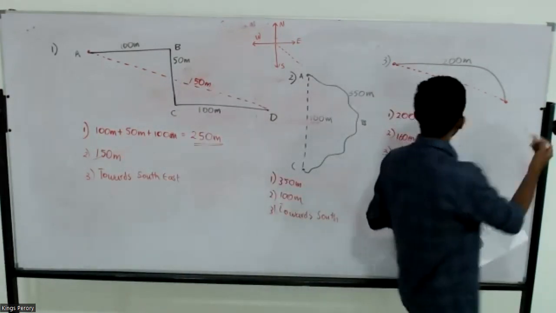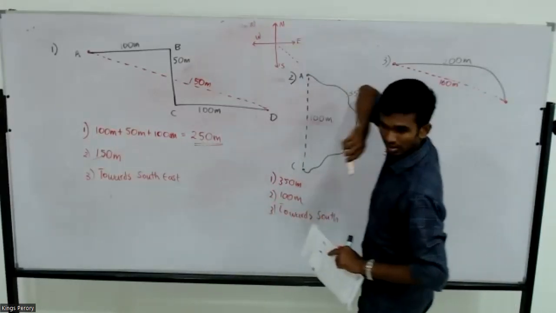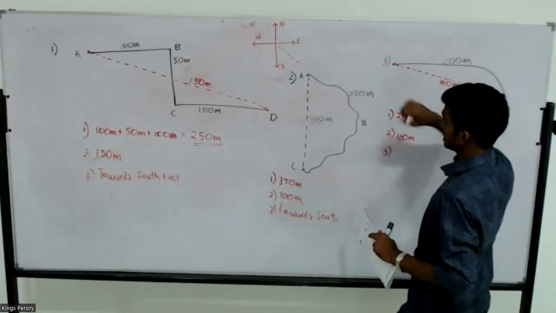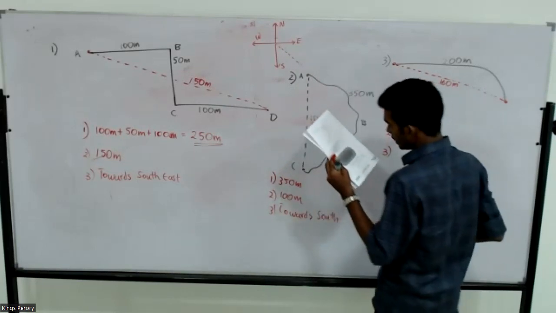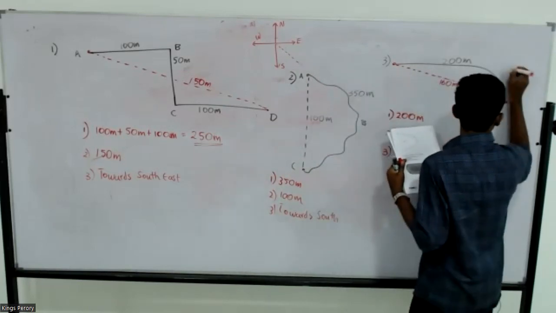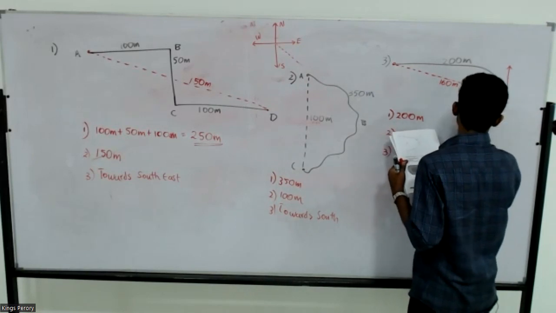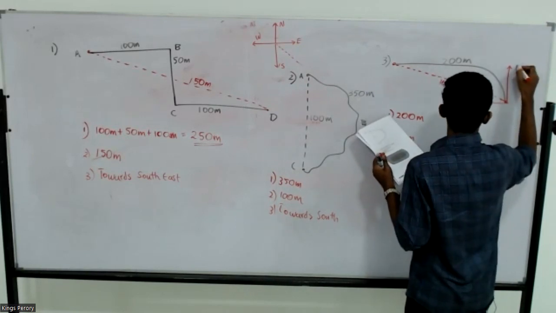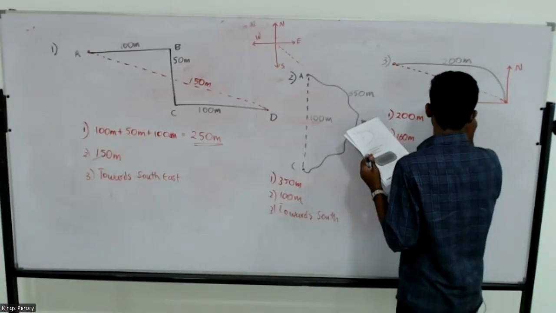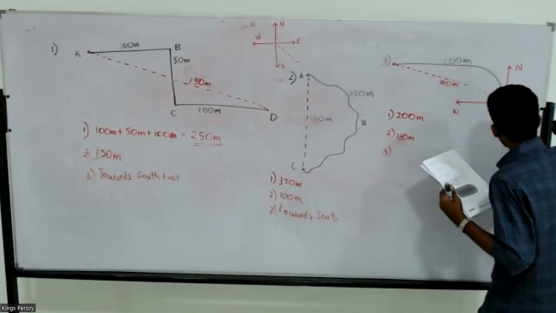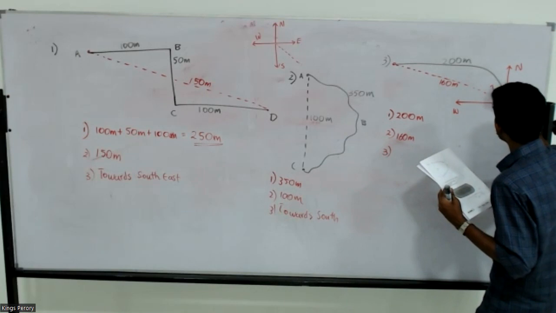Now you know this direction is northwest, but you can't just tell northwest because when you look at the diagram, they have given you the angle. North is there, west is there, and here they have given an angle of 70 degrees.